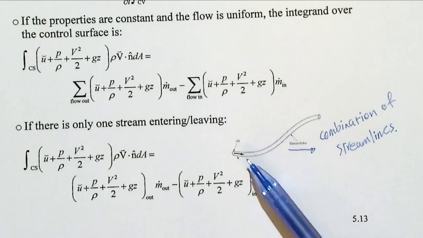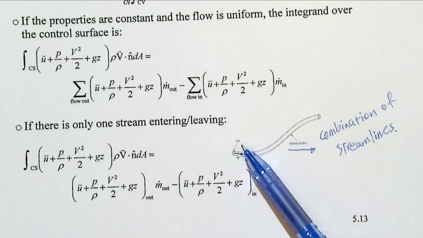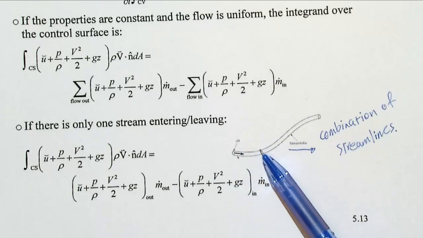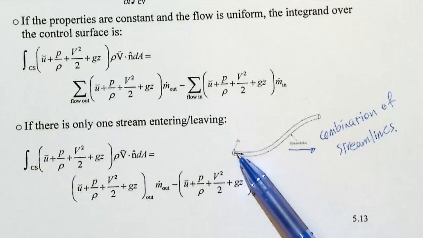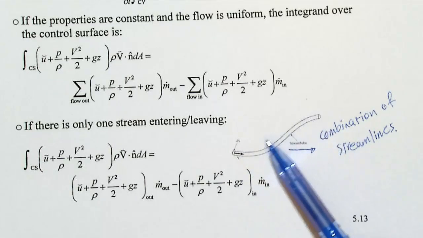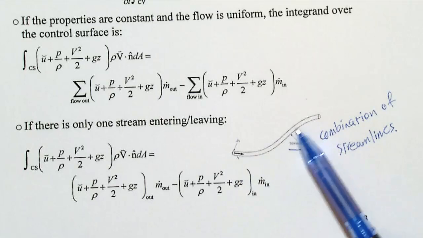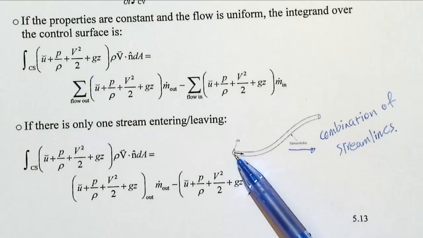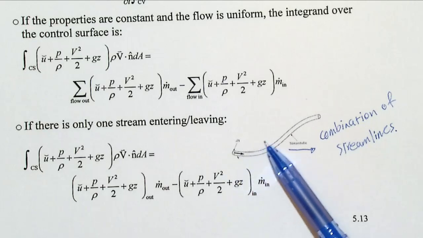We are assuming that because that's going to be a very small dA, and in this stream tube you can assume that the velocity here and here is uniform, and you have one inlet and one outlet, because the flow passes over the streamlines. All the particles that come in from this side are going to pass over a streamline.